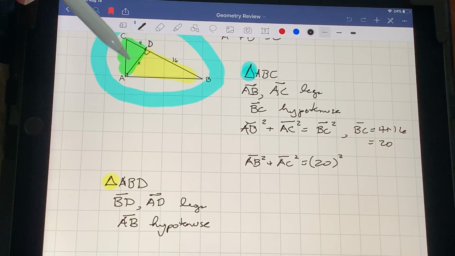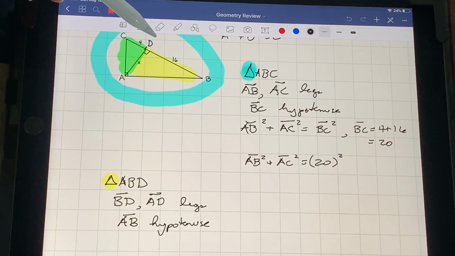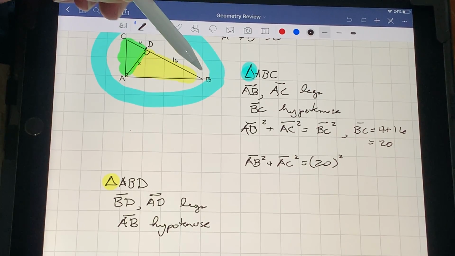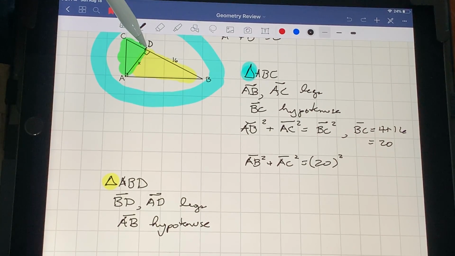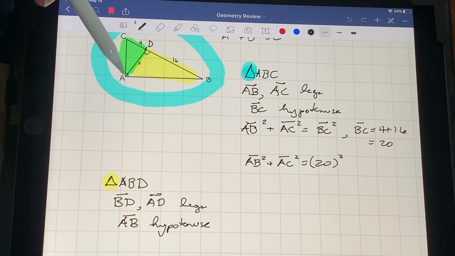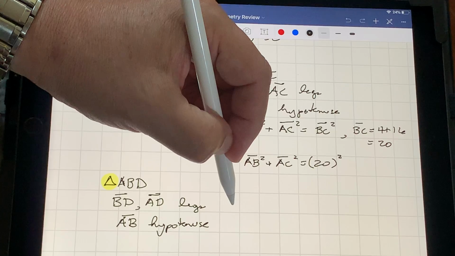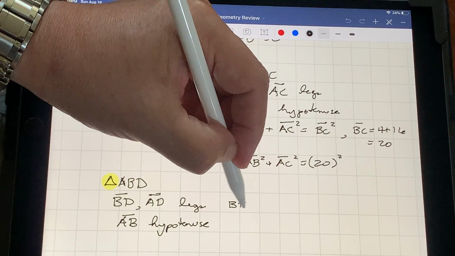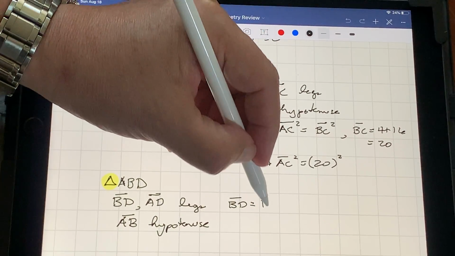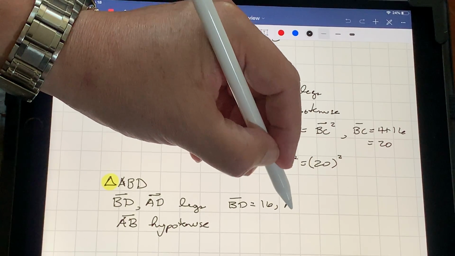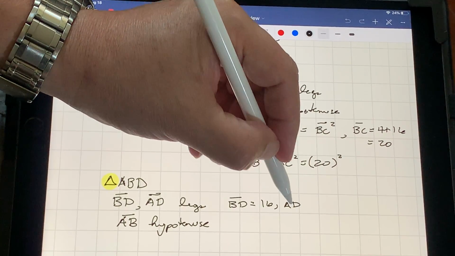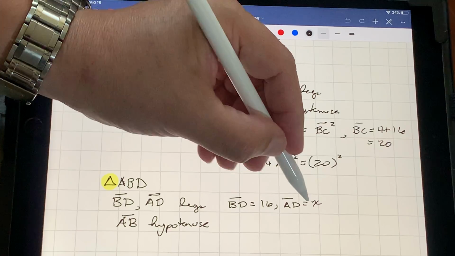So basically, based on that information, I know that segment BD equals 16 and that AD equals x.